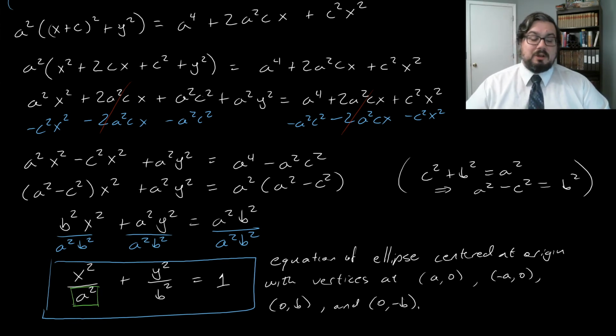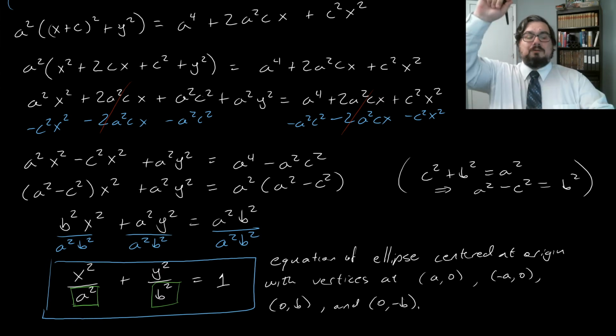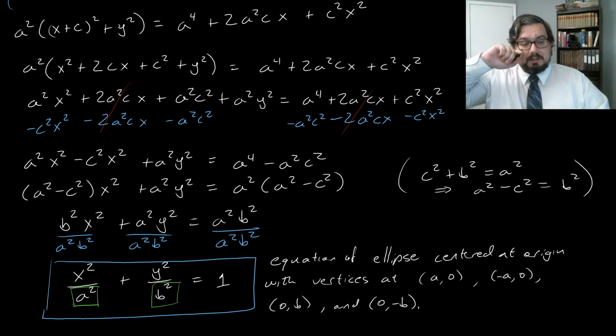The x squared term goes over a squared, and a squared determines where the leftmost and rightmost points of the ellipse are. The b squared is under the y squared. That tells us how far up and down the ellipse goes. This is our basic equation of the ellipse.